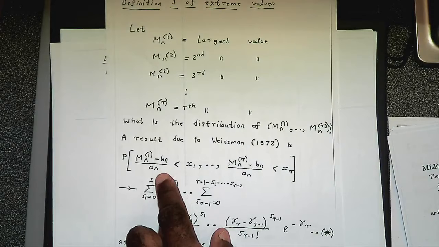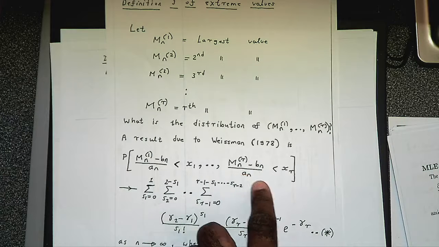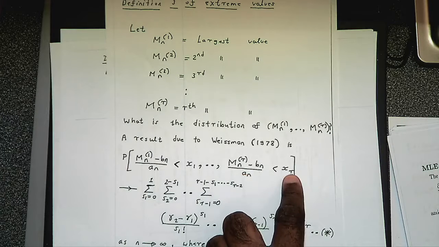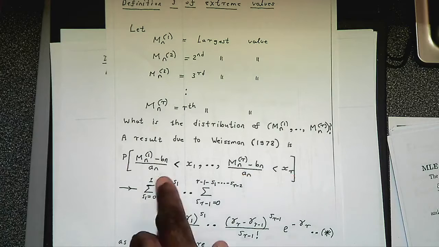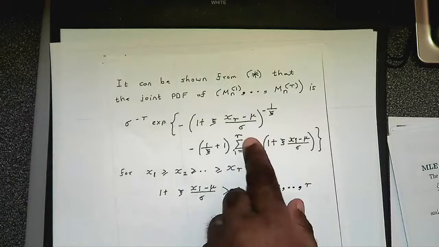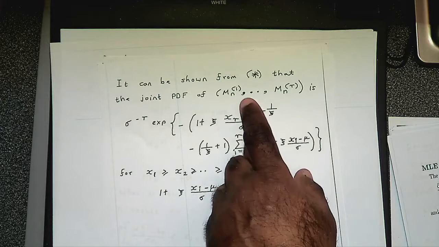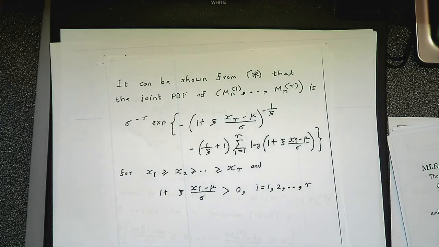I have actually taken account of it. When I differentiated this with respect to x1 to xr, I have taken account of the an and the bn. So in effect, the three parameters here, mu, sigma, and psi, depend on an and bn. So this is a joint PDF of the R extreme values. I know it's not immediately obvious.